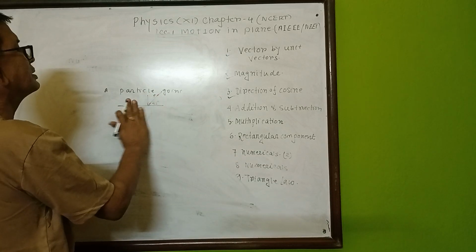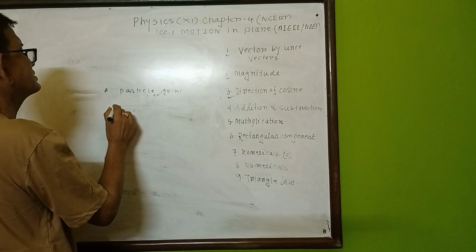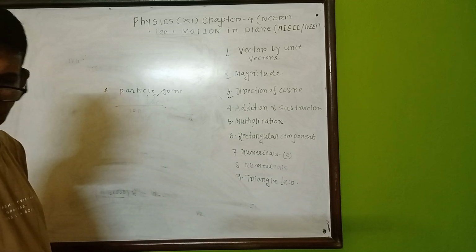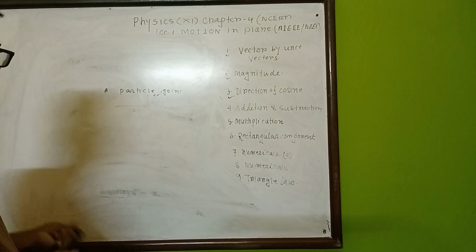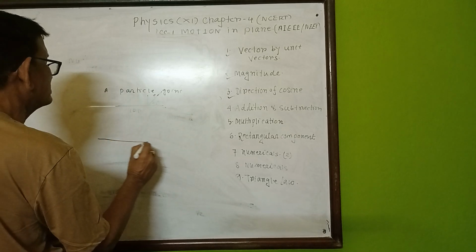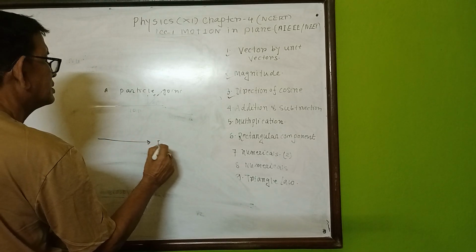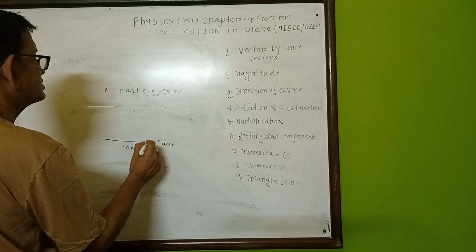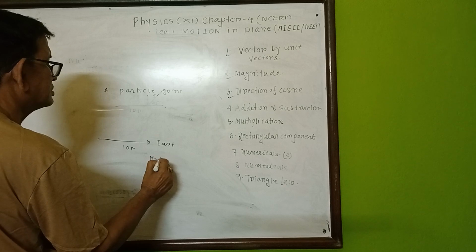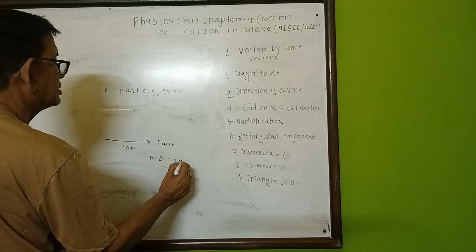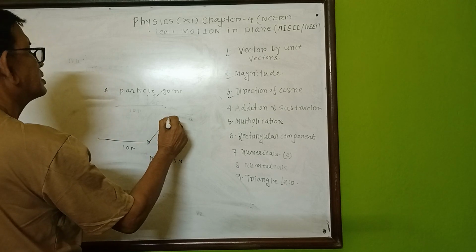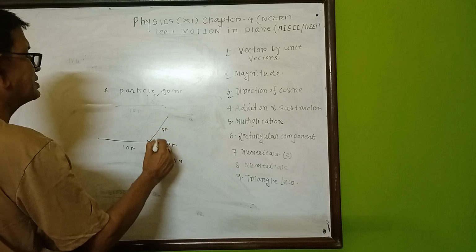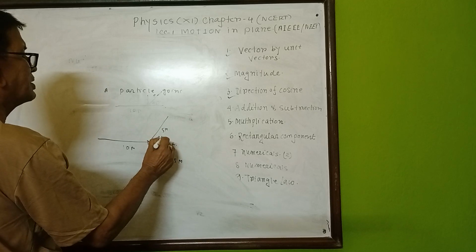Our particle is going towards east, how much I have told, east 10 meter. Suppose towards east it is 10 meter, then northeast 5 meter. Northeast means with east along the north 45 degree.